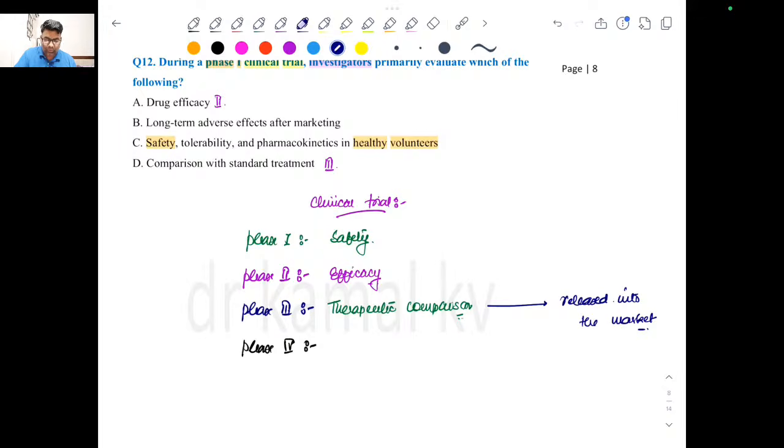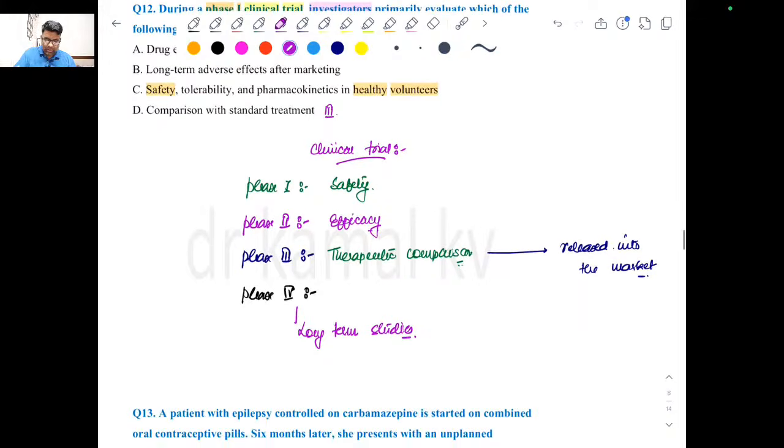And then what is phase 4? Phase 4 are actually long-term studies, right? So this is long-term studies, and this is known as post-marketing surveillance. So we will study how the drug is interacting with other drug, or if there is any idiosyncratic reaction, like that.